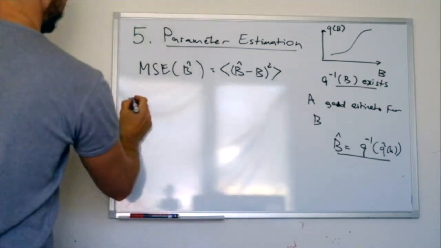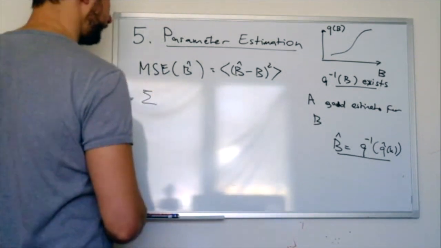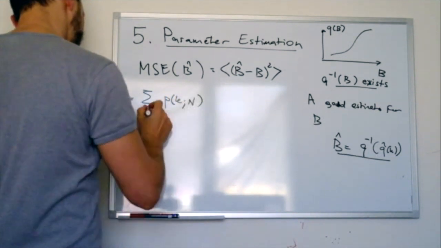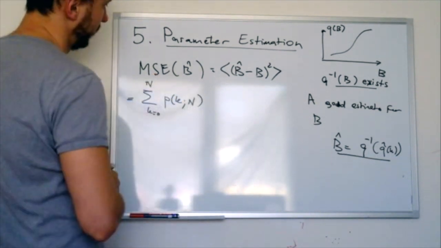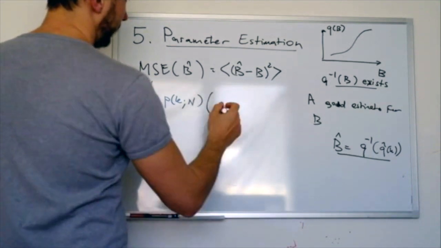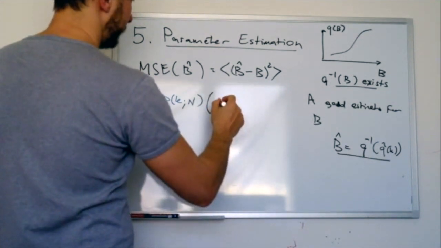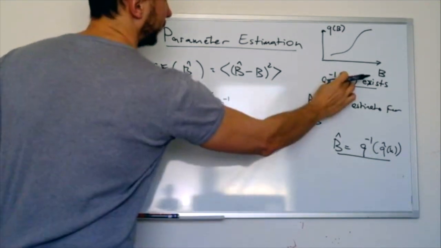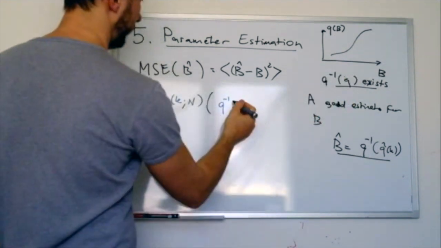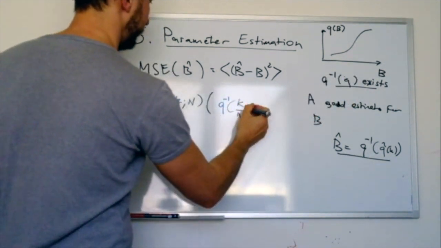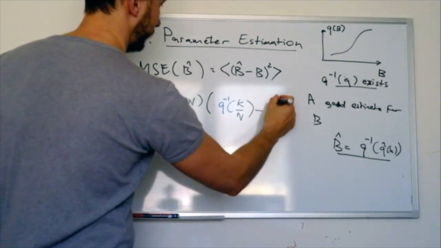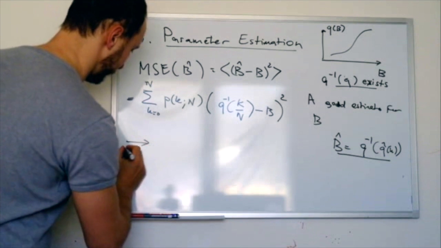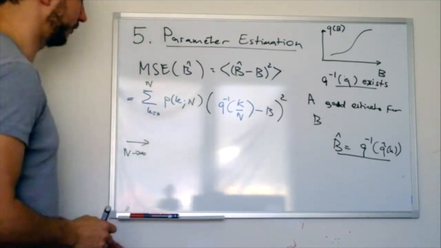Okay, so in our case, if you just write it down, this is the sum of our binomial distribution for the number of heads, k from 0 to n, so B, remember B is Q minus 1 of Q, applied to the estimator, so applied to K over N minus B squared.